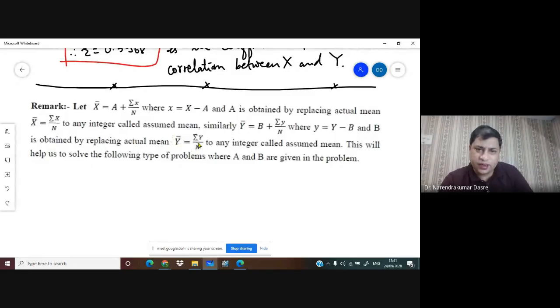So we get y bar, and B can be any integer, and this is going to be the assumed mean we assume. Okay. So you can see this is a capital Y. This is not a small y. This is a capital Y. This is capital X. Okay, and then we have to use these formulae to solve the next questions.